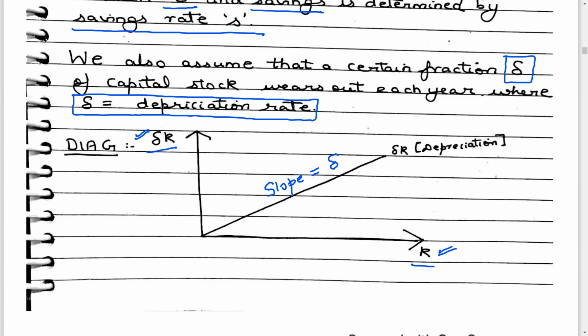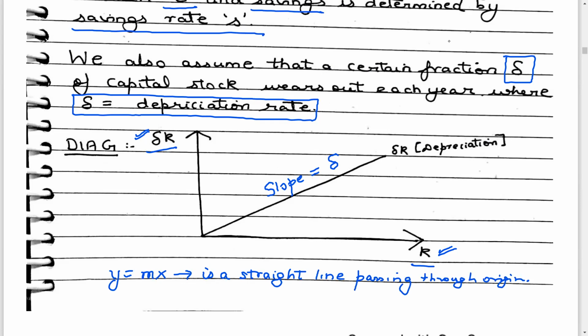It's like saying, guys, how do you plot the line y equal to mx? Y equal to mx is a straight line passing through the origin.